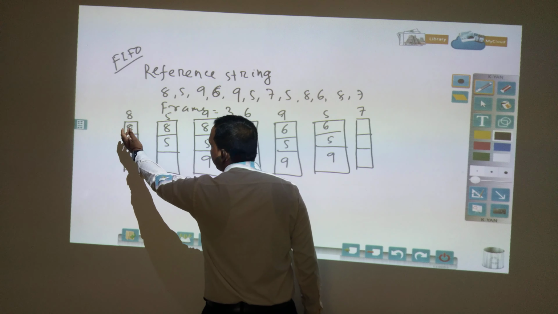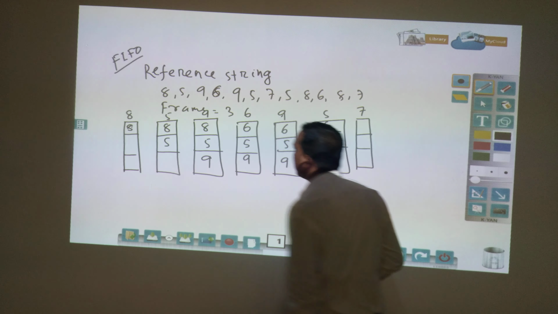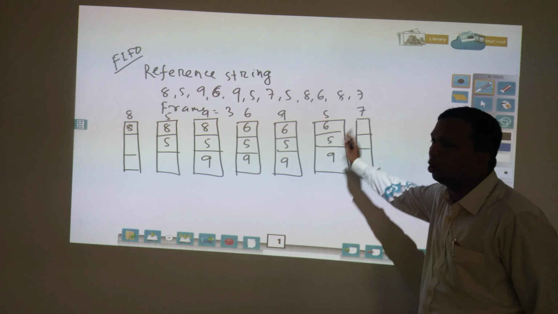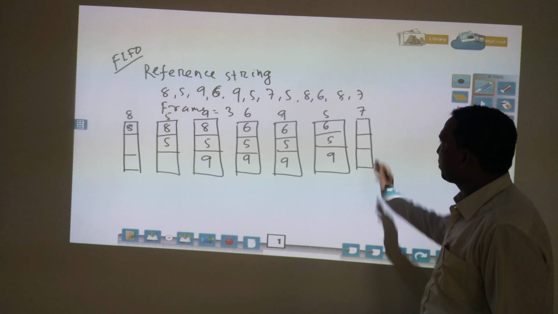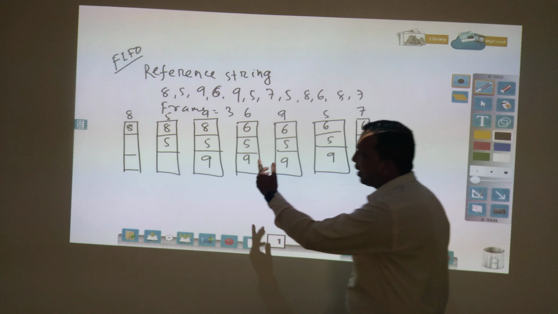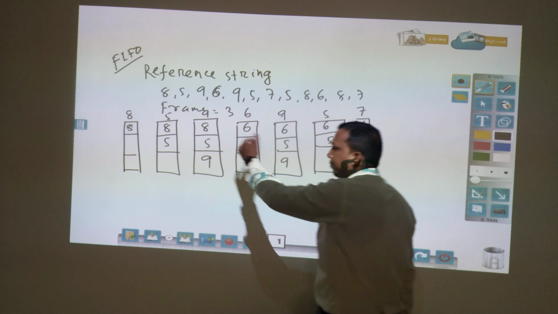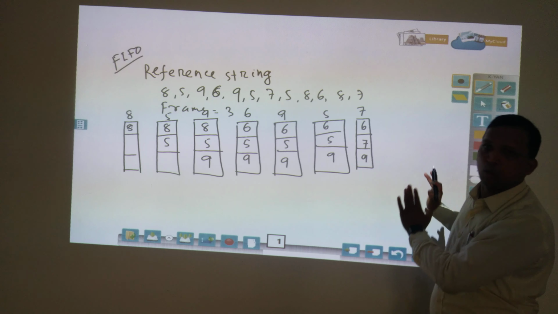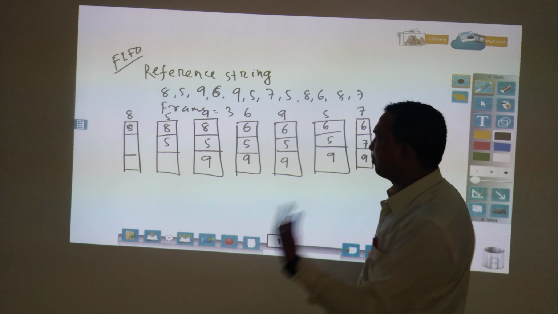So हम क्या करेंगे? 8 को हम पहले डिलीट कर चुके हैं. So next one inserted is 5. So in the string we have to replace 5. So the new frame is 6, 7 and 9, because after 8, 5 is inserted, again after 5, 9 is inserted and so on, because first come first serve, जो पहले आएगा वो पहले सर्व होगा, first come first serve.